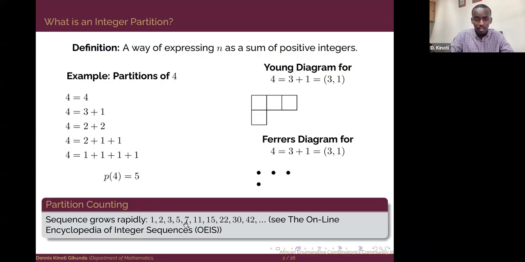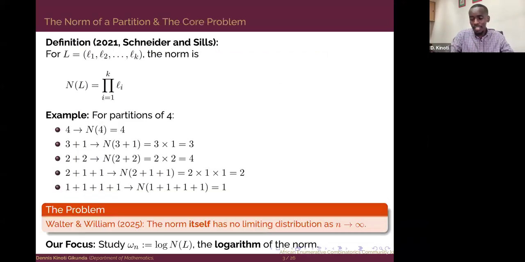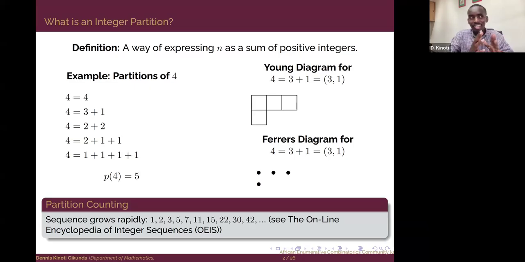For 4, there are 5, like we've seen. For 6, there are 11, and so on. You can check this on the Online Encyclopedia of Integer Sequences. This particular sequence keeps increasing rapidly, so we don't have an exact formula to tell what these partitions are.